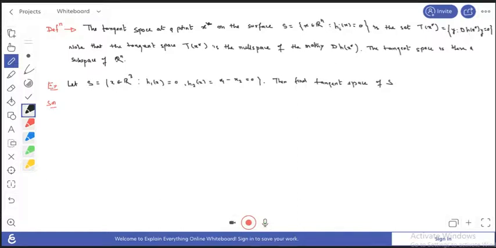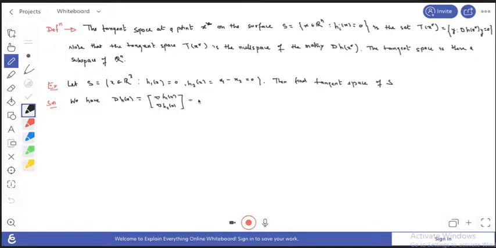Here x star means your point x, a regular point. That's why we take x star. So we have the derivative of h(x). This is the gradient of h1(x), and this is the gradient of h2(x). So this is the total derivative, that is, gradient of h1 and gradient of h2.